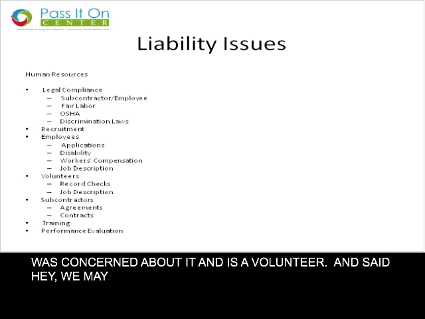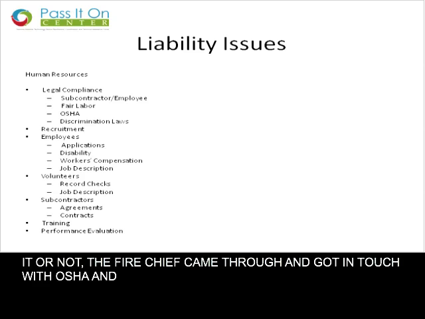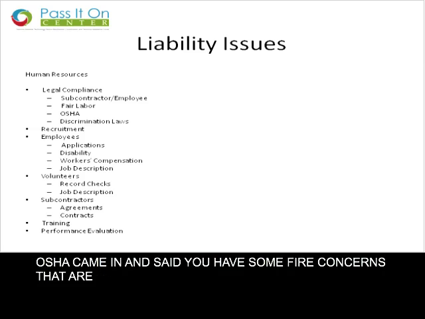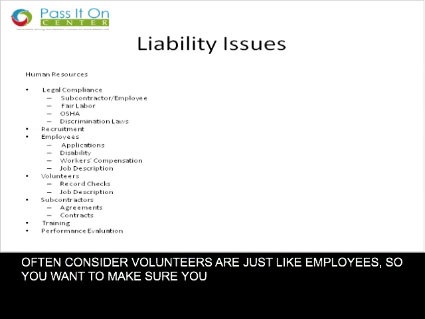One of the folks that work there, a volunteer, got concerned about it and said, hey, we might want to get this more organized. And believe it or not, the fire chief came through and got in touch with OSHA, and OSHA came in and said, hey, you have got some fire concerns here that are pretty big.